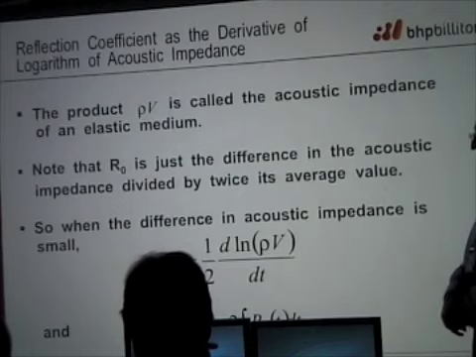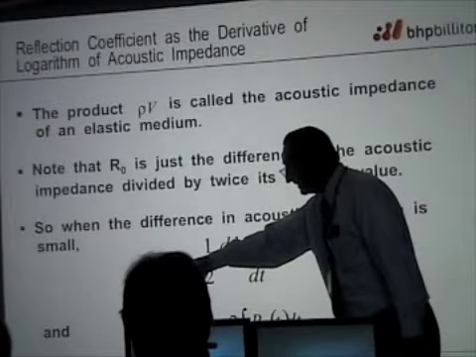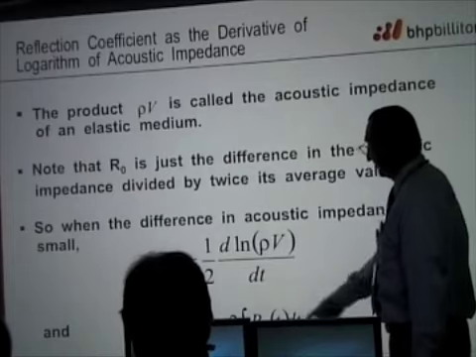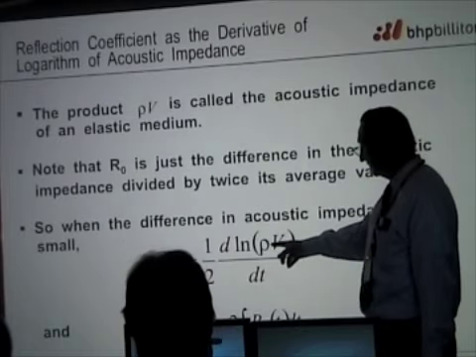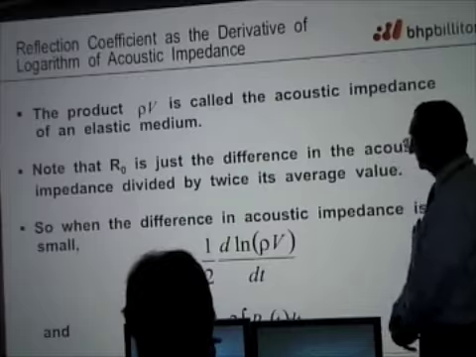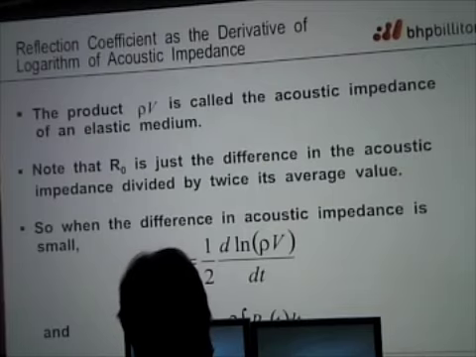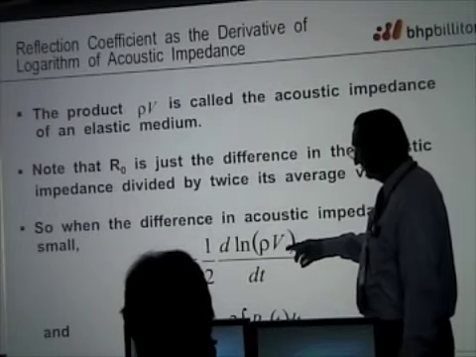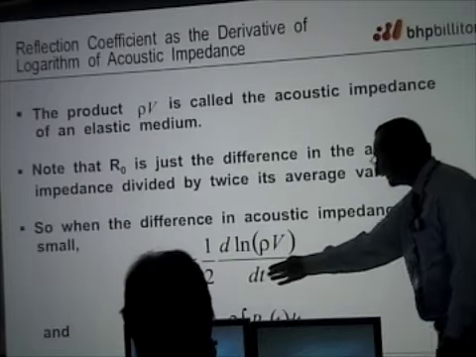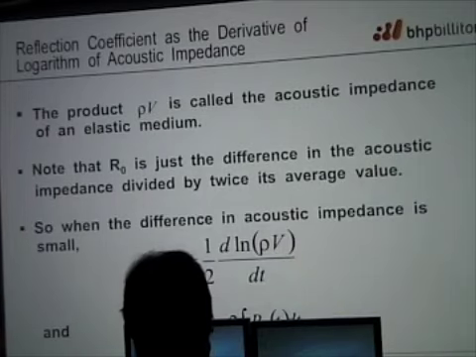So I can write that as R0 as 1/2 the derivative of the log. What's the derivative of the logarithm of x? dx over x, right? So that's what we have here, the derivative of the logarithm function. It can be expressed in time, it can be expressed in depth.